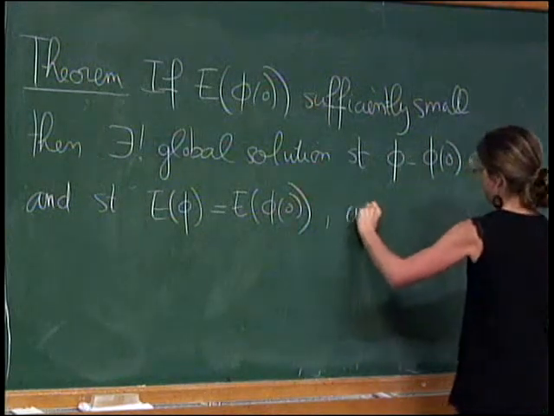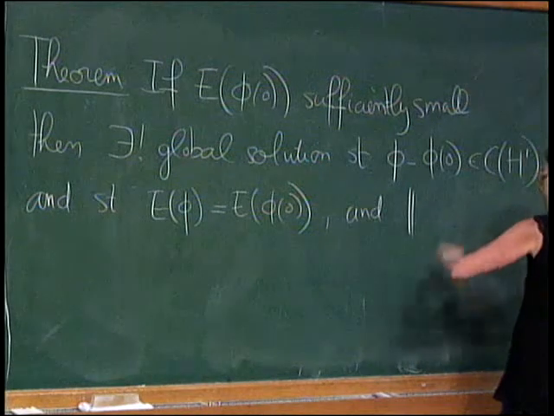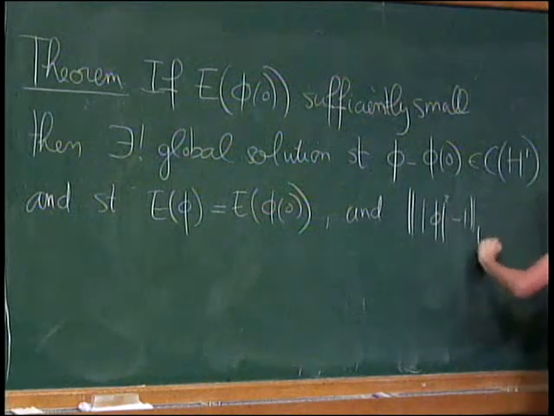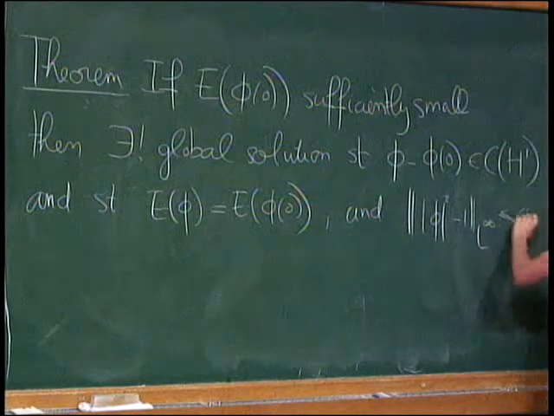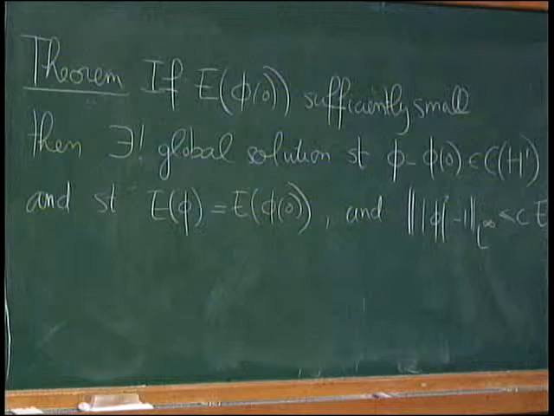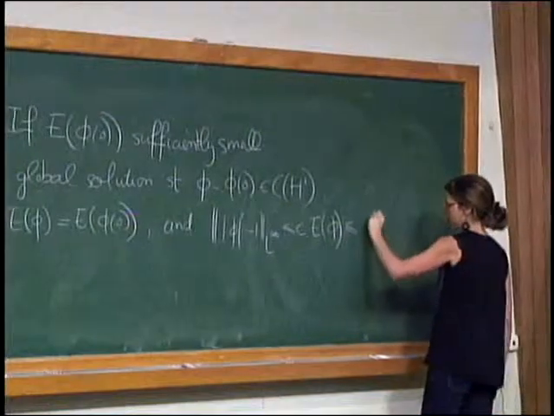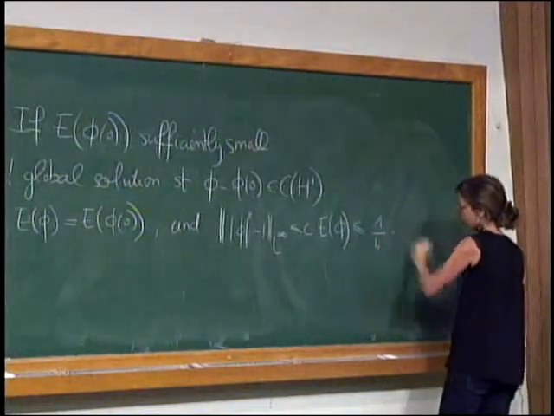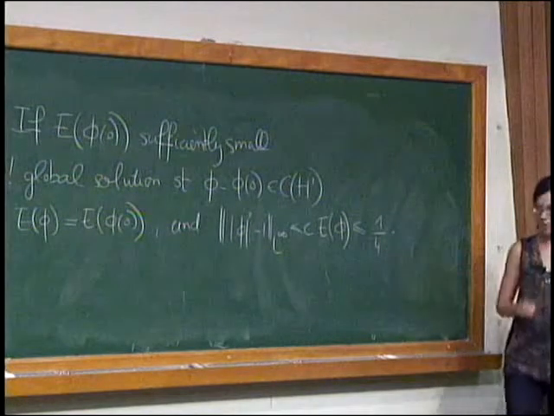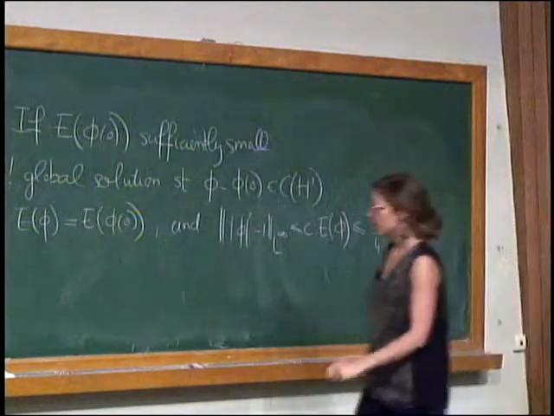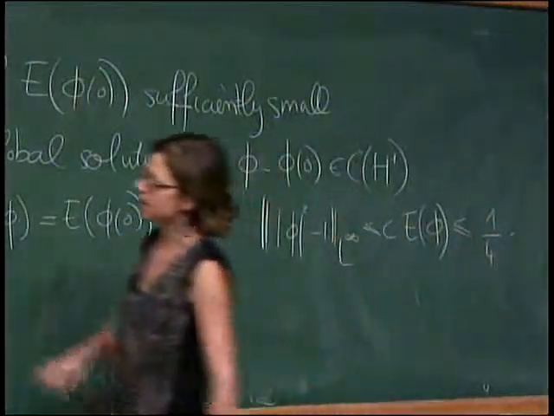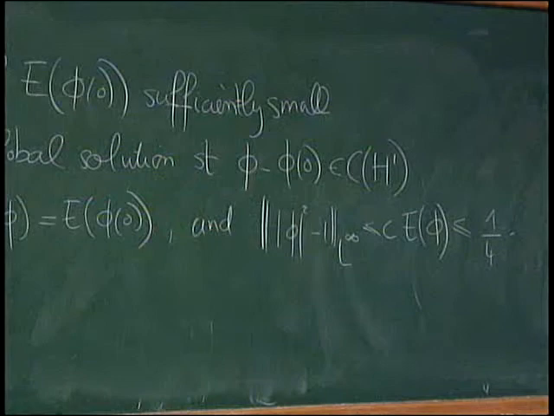And moreover, I can assume that the modulus of phi squared minus 1 in L infinity is smaller than c times the energy. And I can assume that this is smaller than 1/2, for example, or 1/4, whatever you want, which is strictly smaller than 1. So what does it mean? It means that the modulus of phi will never vanish, and therefore the nonlinearity of the equation is well defined.